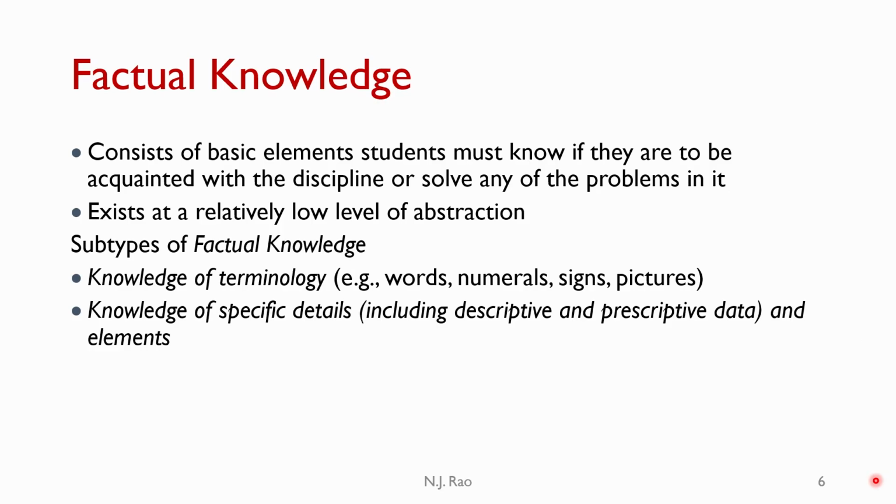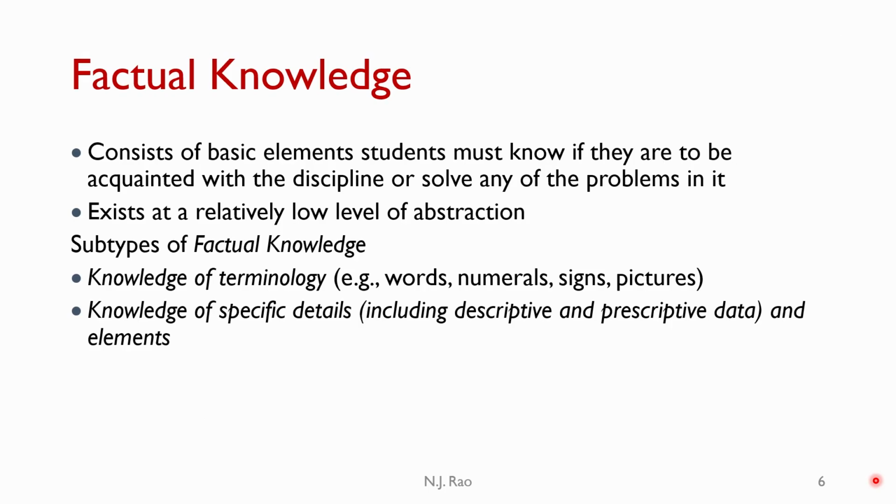Knowledge of specific details, including descriptive and prescriptive data. Descriptive means what is, say, the particular something weighs so much, the density of certain material is so much, that is descriptive data. Prescriptive data would mean you are saying it should be so much, I am prescribing.